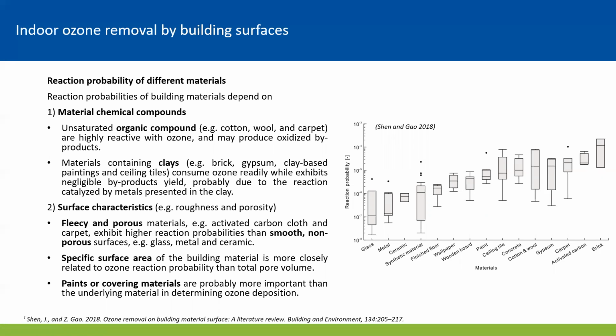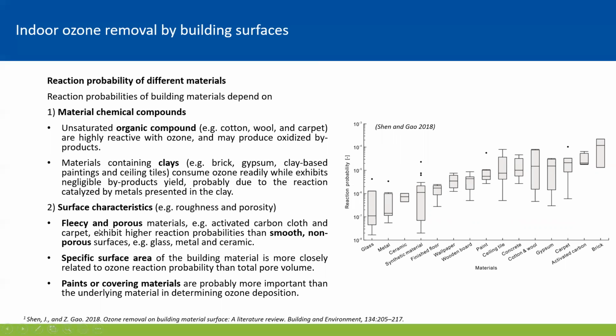In addition, materials containing clays like bricks, gypsum boards, clay-based paintings, and ceiling tiles can consume ozone significantly while producing negligible byproducts. It's probably due to the reaction catalyzed by metals in the clay.